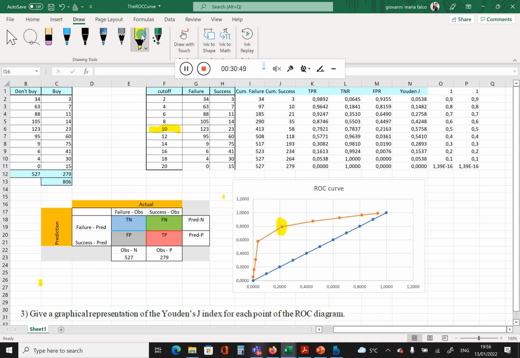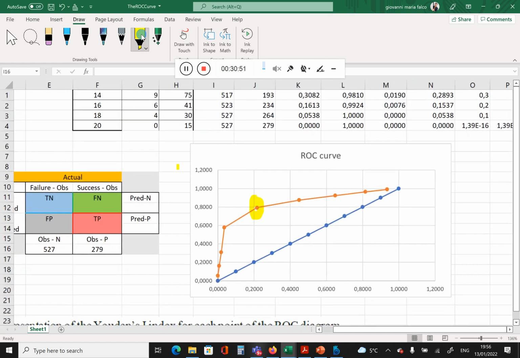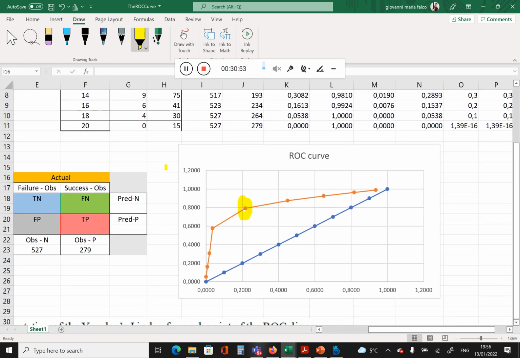Let's write down the coordinates of this point for the value of the cutoff. This point has coordinates false positive rate, comma, true positive rate.